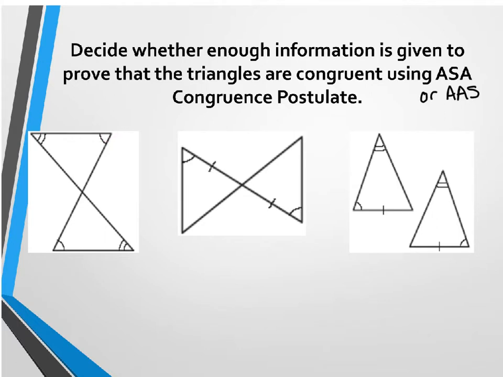By the third angles theorem, or even by the vertical angle congruence theorem, we know that these are congruent. No sides are being shown congruent, but all three angles are congruent. This is not one of our congruence theorems, so there is not enough information.